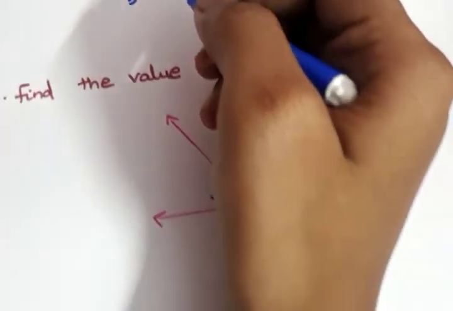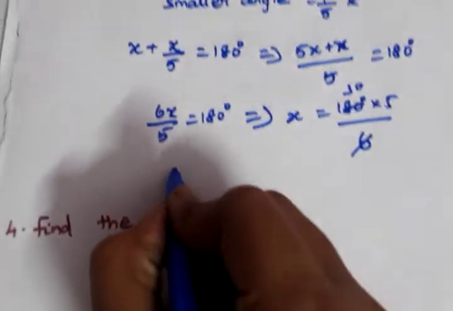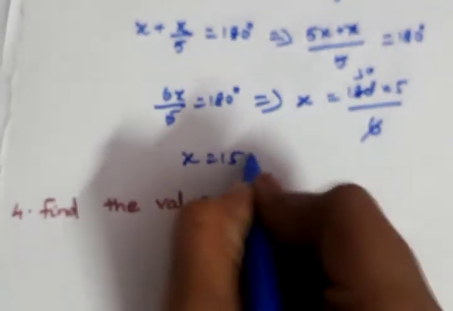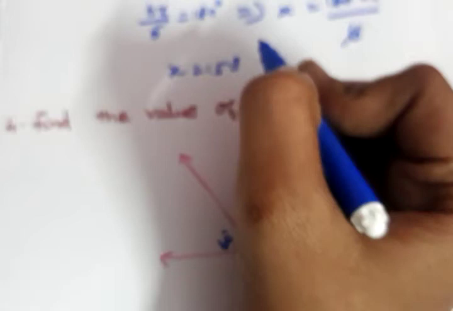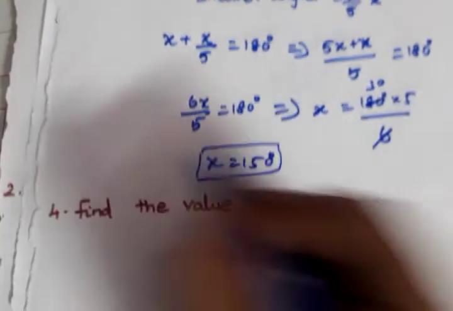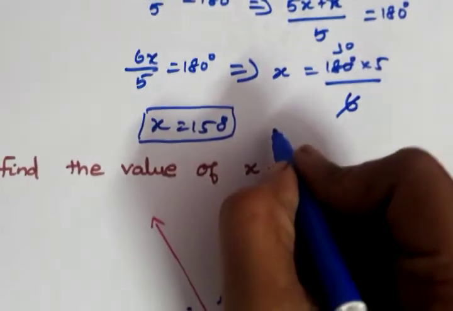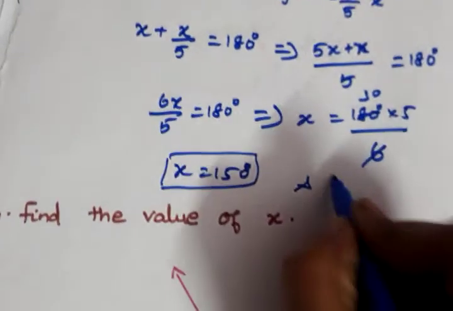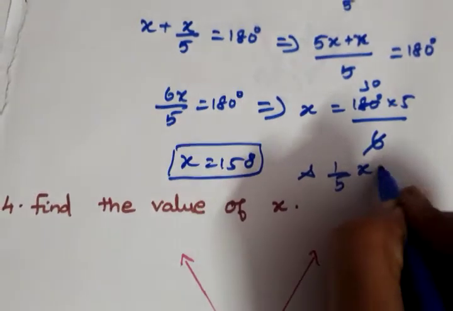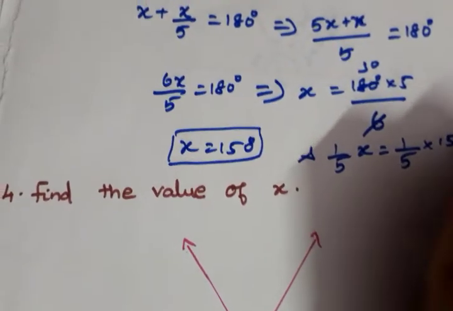So 30 5s are 150 degree. x equal to 150 degree. Then second step is 1 by 5 x equal to 1 by 5 into 150 degree.